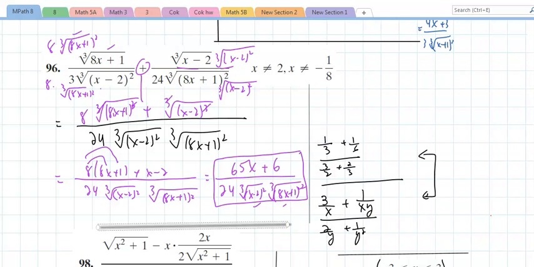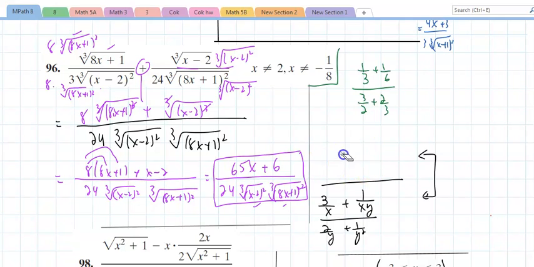I do want to point out really quick, a quick reminder of how complex fractions work. If I take a look at this fraction, 1/3 plus 1/6 over 3/2 plus 2/3, the quickest way of solving this is to make sure that this denominator and this denominator are the same.